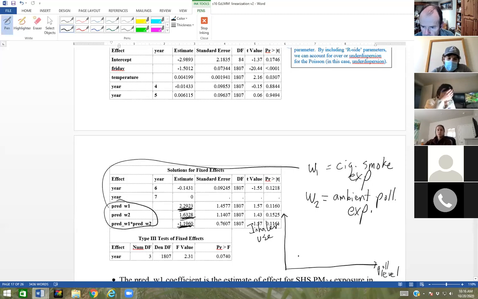So if there's no cigarette smoke exposure, there's some slope relationship, right? At least on the log scale. It's log linear. So this would be for no cigarette smoke exposure. What would happen though to that relationship as we increase the cigarette smoke exposure based on the estimates that you see there?